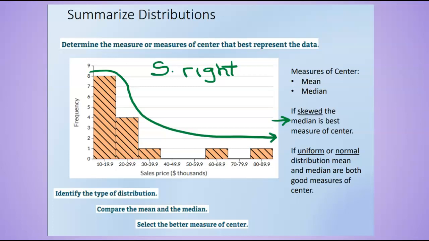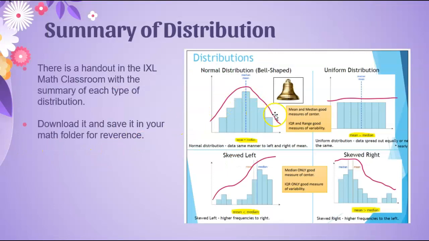So we're going to look at the median, and we know on a skewed right distribution, the mean is greater than the median. That's kind of important. You're describing your data using the mean and median. If it's skewed to the right, then your mean is greater than the median.